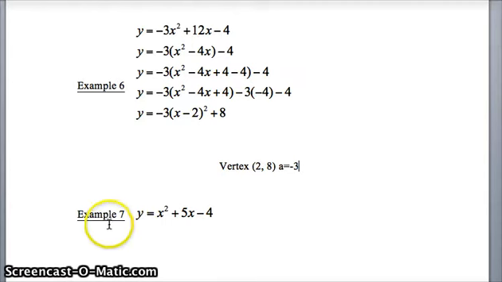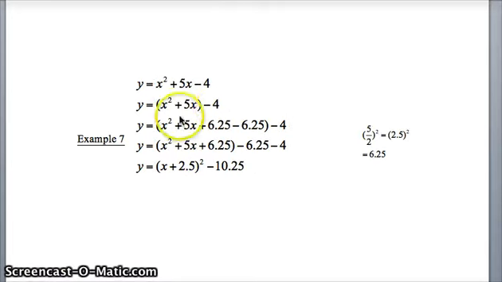Okay, now try example 7, y equals x squared plus 5x minus 4. And you notice that although we're not factoring out an A value, you're not necessarily going to have a nice number that's added and subtracted. So go ahead and try this. I prefer you leave it in fraction form, but because you're dividing by 2 and squaring, you will get nice decimals.